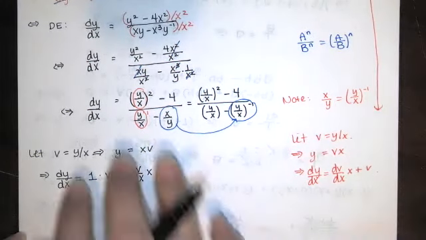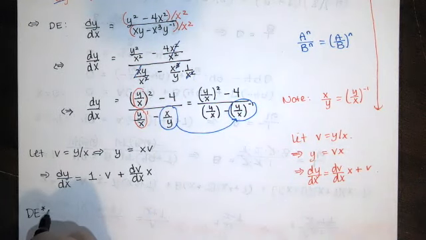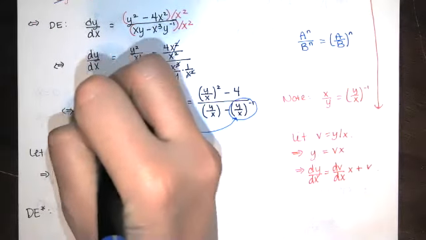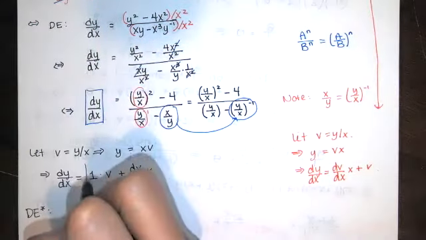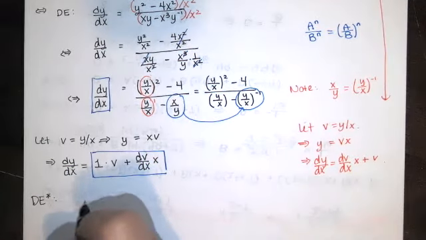Okay, now with that, we can write everything up here in that differential equation entirely in terms of v and x. So on the left-hand side, this dy dx can be replaced by this expression involving v and x. So you're going to substitute that.